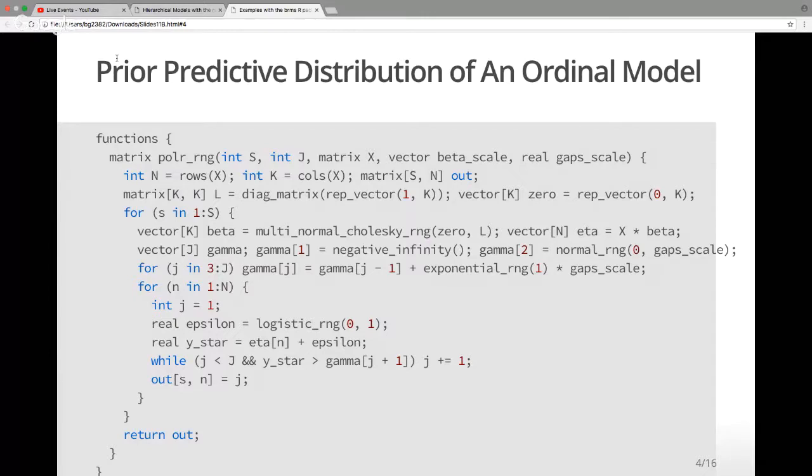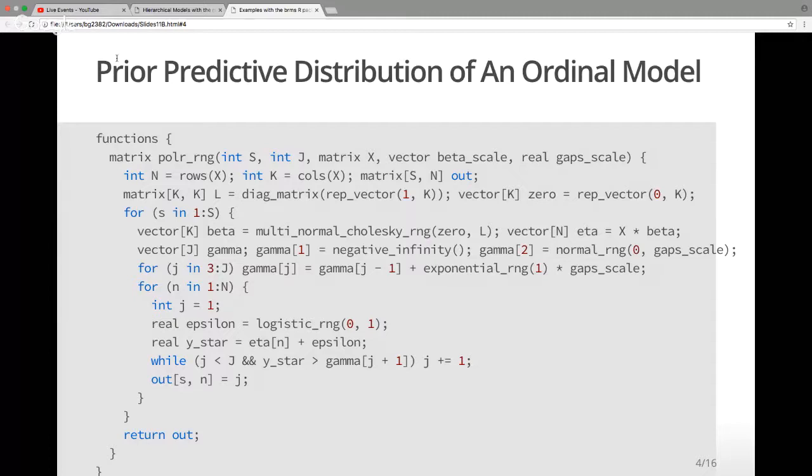So again, the numerator is the probability the outcome is less than or equal to category J. The denominator is the probability that the outcome is greater than category J. That's an odds ratio. The logarithm of the odds ratio is a linear function of x, but it's a linear function of x that does not depend on the exact value of J we're talking about.